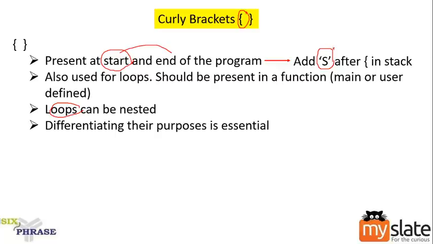To differentiate, once you push the starting curly bracket, add a yes, then you proceed with your operation. On the other hand, for a looping bracket, we will have only the open bracket alone. Clear? There are many ways we can do this, guys. I'm just telling you my point of view. In my point of view, for the starting bracket, along with the open bracket, I will add a yes also.